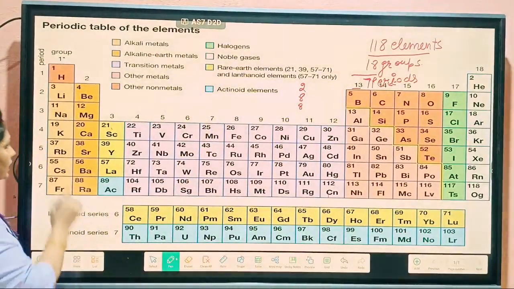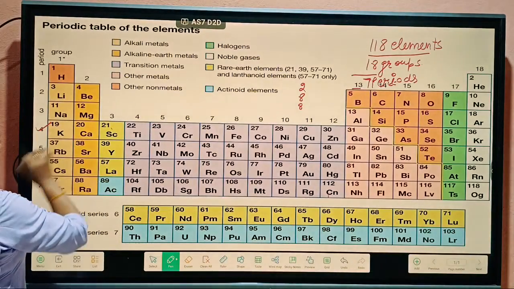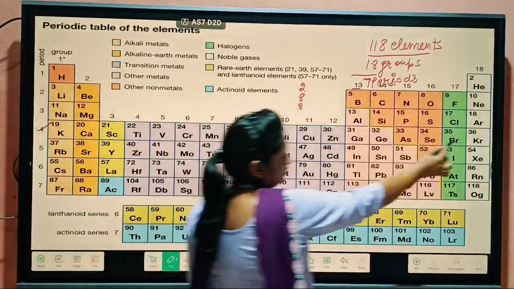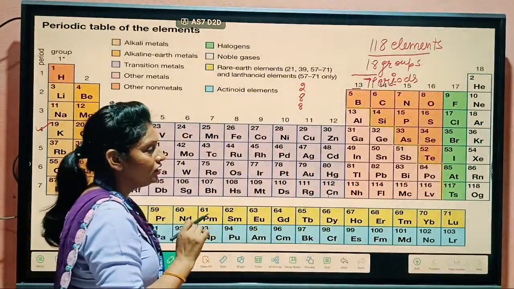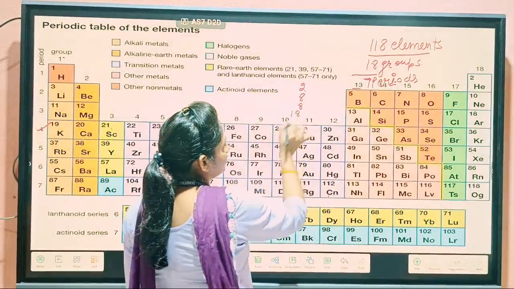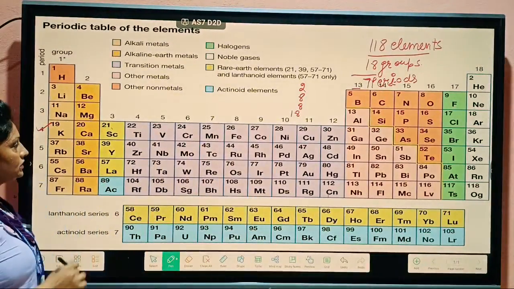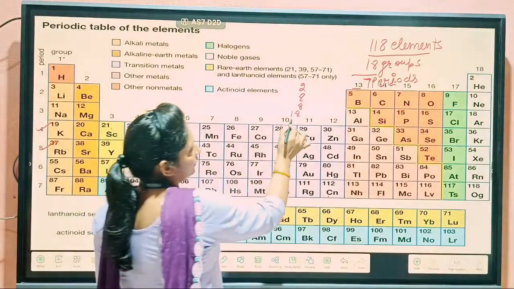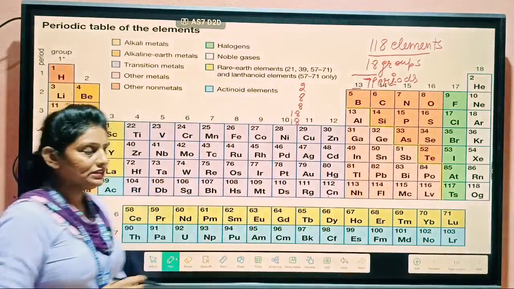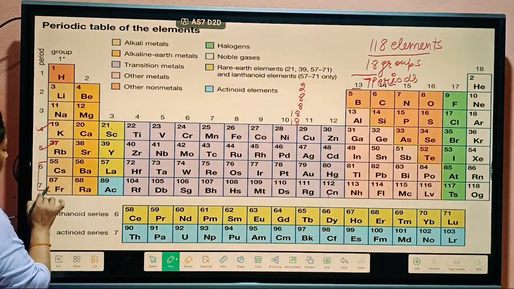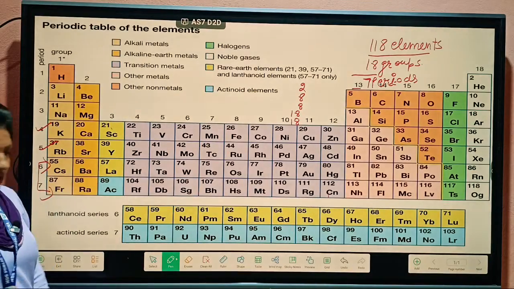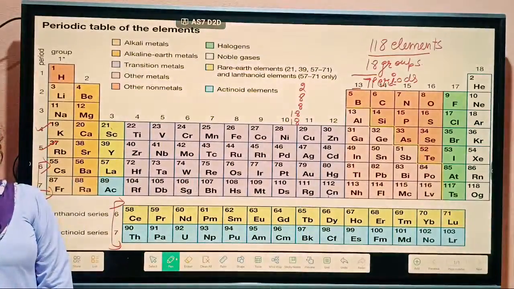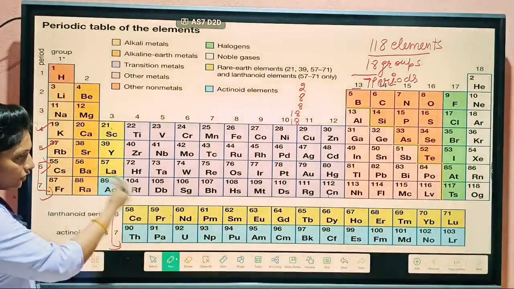Then students, in the fourth period, there are 18 groups and it is completely filled, so there are 18 elements. In the fifth one also, there are 18 elements. But students, in the sixth period, these two series are also included.